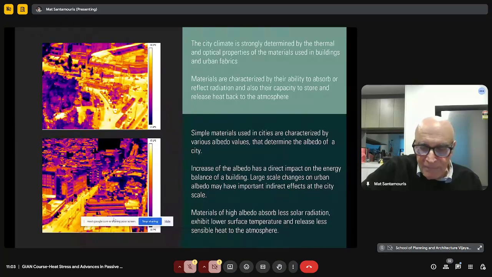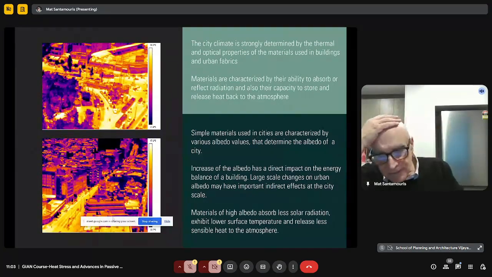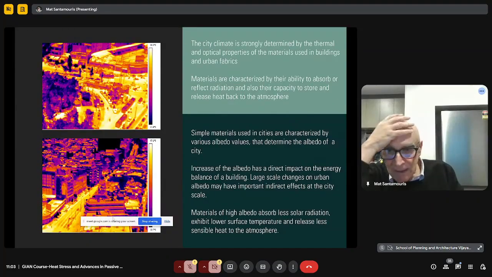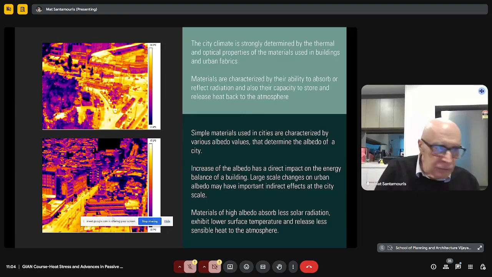Why? Because materials with a high albedo reflect a lot, absorb much less solar radiation, and reflect much more. So they present a much lower surface temperature, and because of the lower temperature, release less sensible heat to the atmosphere and contribute less to the increase of the urban temperature.